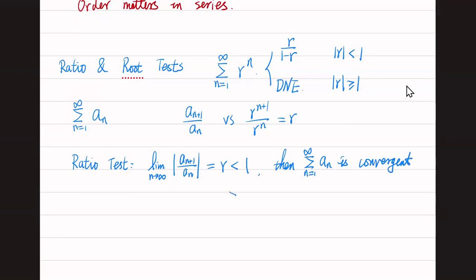If it's bigger than 1, it's divergent. In the special case when it equals 1, this test is inconclusive.